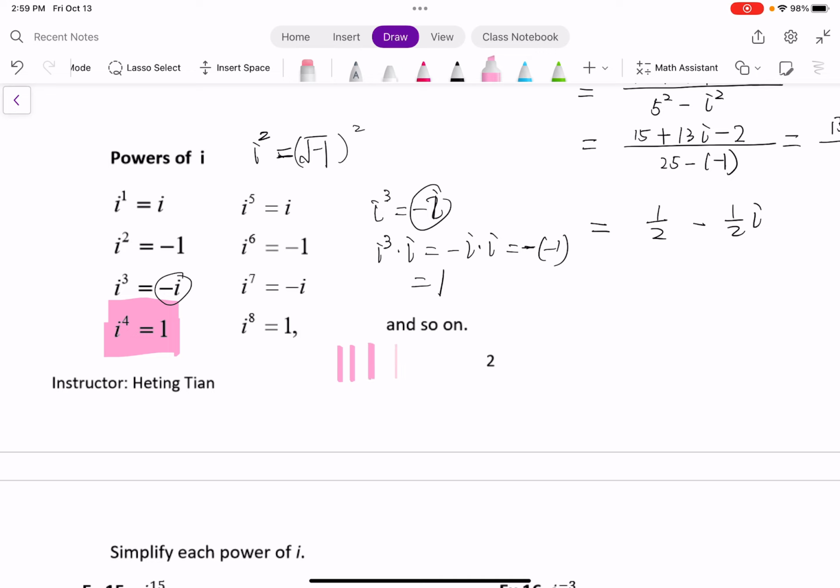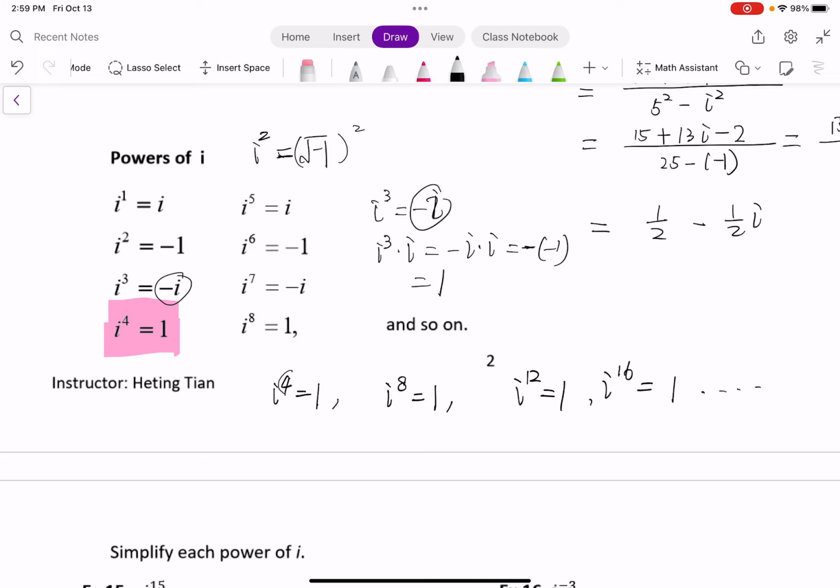If I continue to do the multiplication, find the greater power of the i part. So you will see i to the fourth is 1. i to the 8 equals 1. i to the 12 equals 1. i to the 16th equals 1.